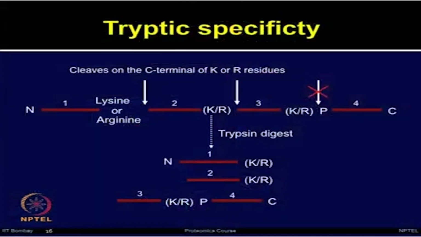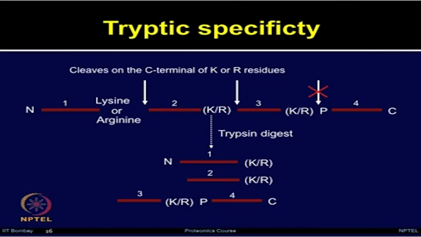The enzymatic digestion is performed with various enzymes, but typically with trypsin, which cleaves at the C terminal of lysine and arginine residues, but exceptions can occur with proline. If proline is present, then that breakage will not happen.